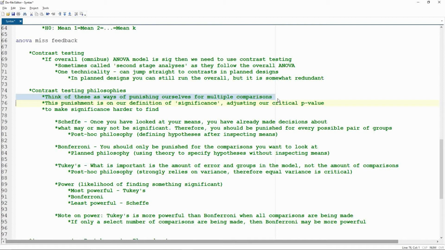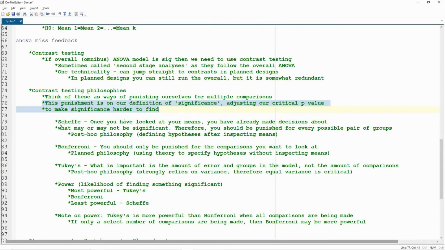So we punish ourselves for this by making it harder to find significance, by reducing our definition of sufficiently unlikely, by reducing our p-value cutoff. Now, this punishment of our definition of significance is going to change depending on the philosophical approach that we take, or depending on the adjustment that we make.